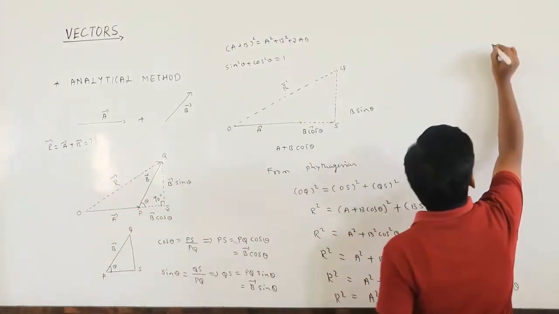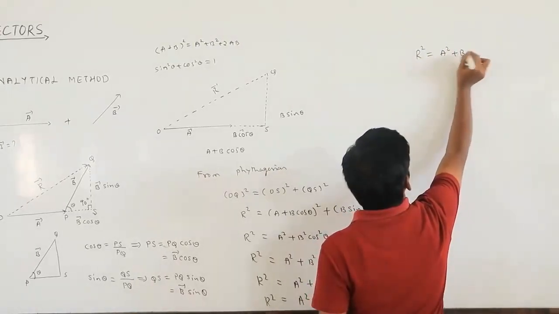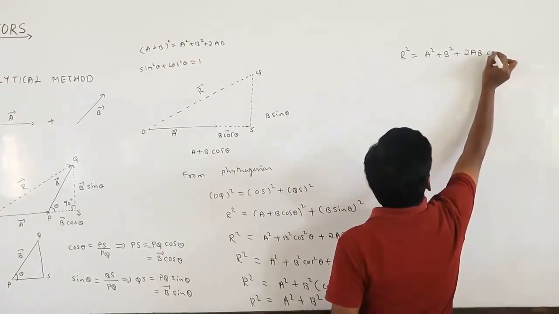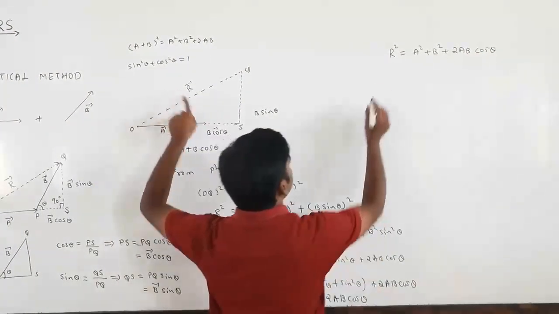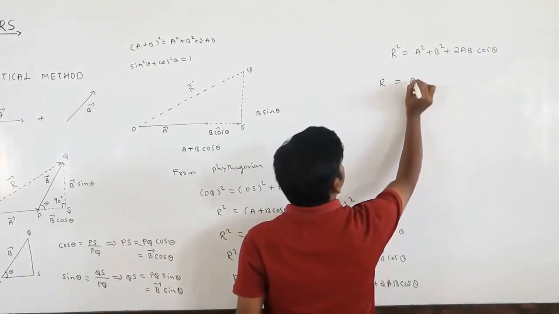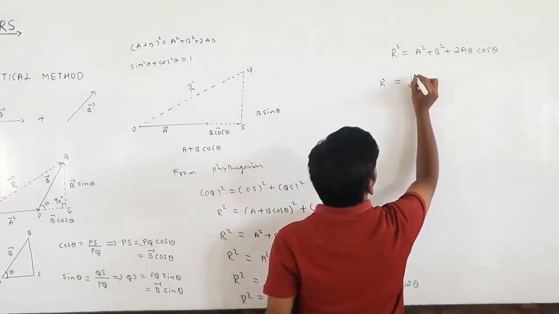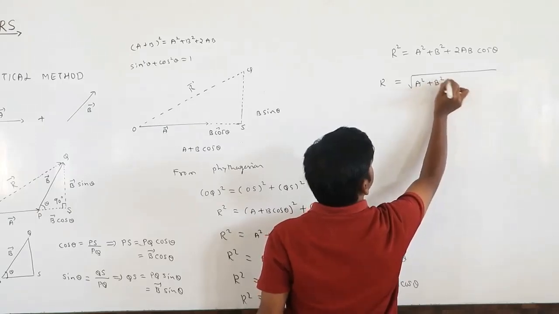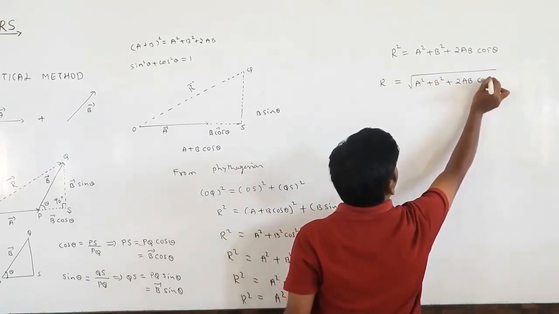Resultant means only magnitude. So R square is equals to A square plus B square plus 2AB cos theta. But you don't want just R square, you need R. So R is equals to square root of A square plus B square plus 2AB cos theta.